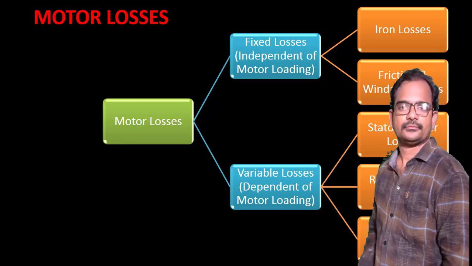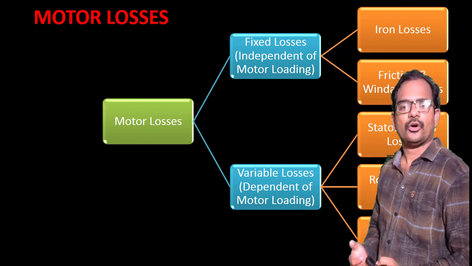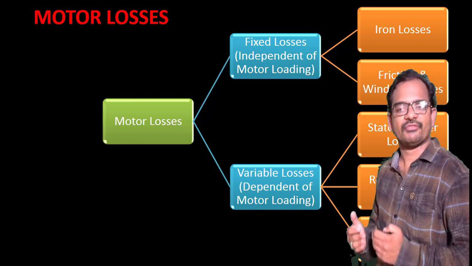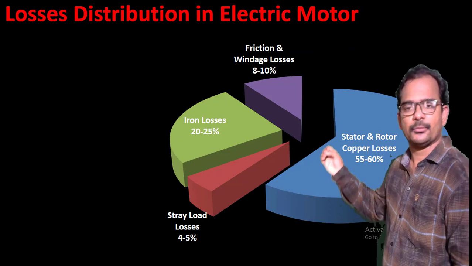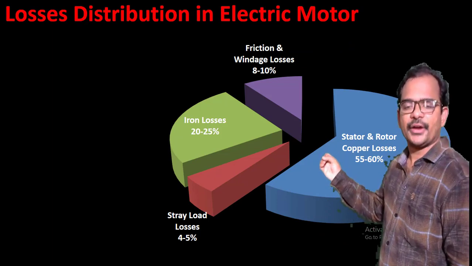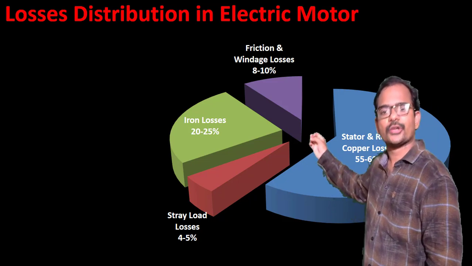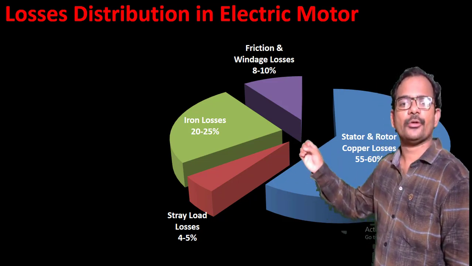Now let's see how we can improve the energy efficiency, or how we can reduce the losses to get the energy efficiency improvement. The loss distribution in electrical motors is that 55 to 60% of the total losses are stator and rotor copper losses, and 4 to 5% are stray load losses.